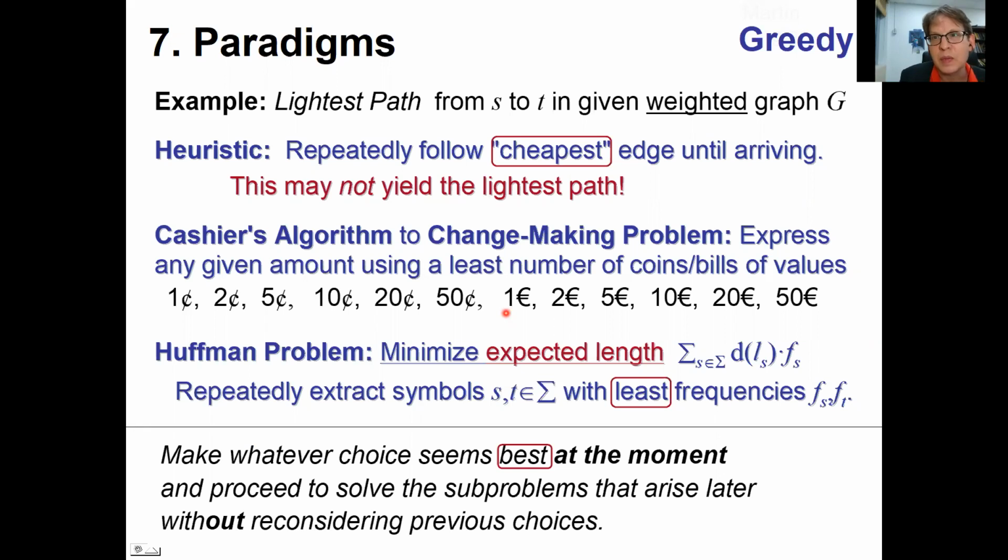So one way of trying to formalize this is deliberately vague, but one way of looking at what makes up a greedy algorithm is to make whatever choice seems best at the moment and proceed to solve the subproblems that arise later without reconsidering previous choices.